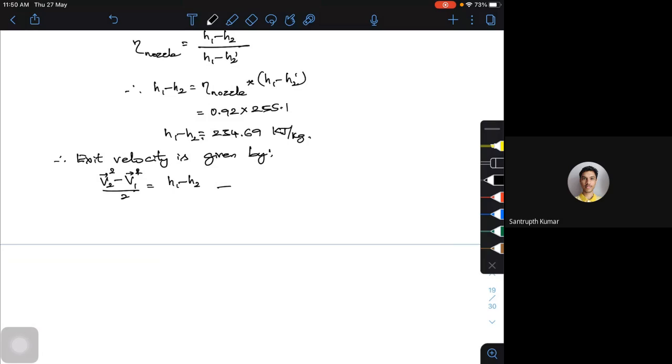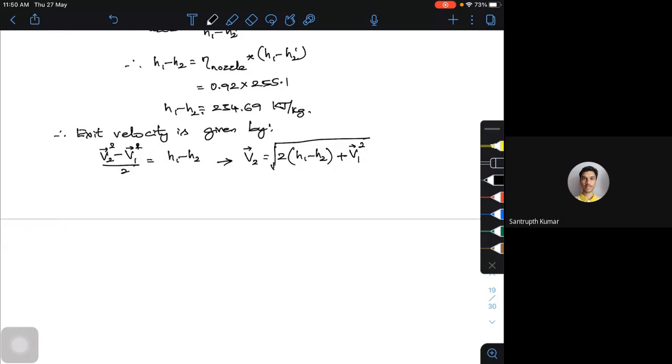Or I can write V2 square is equal to 2 into H1 minus H2, plus V1 square. If I want V2, I'll take the square root of it. So here I have to ensure that this H1 and H2 I substitute in joules per kg. Otherwise I have to multiply by 1000, because that's in joules per kg.